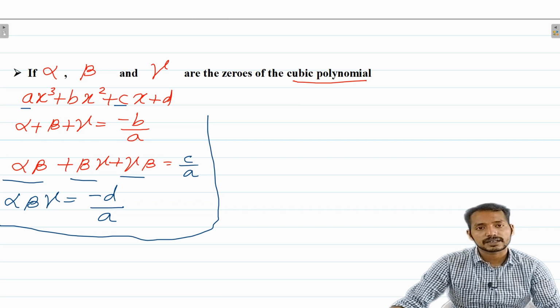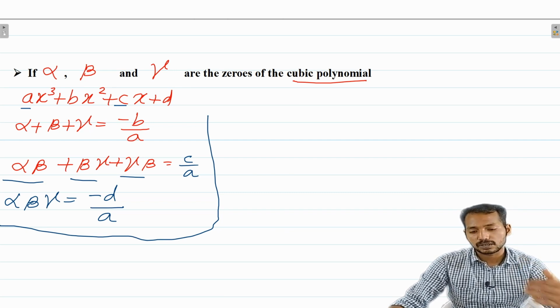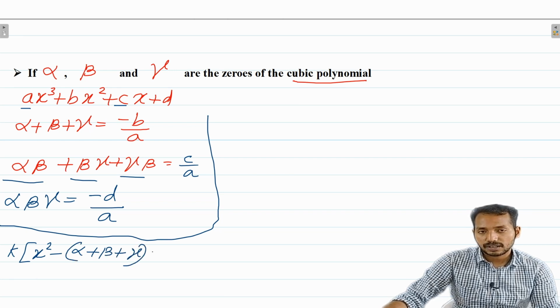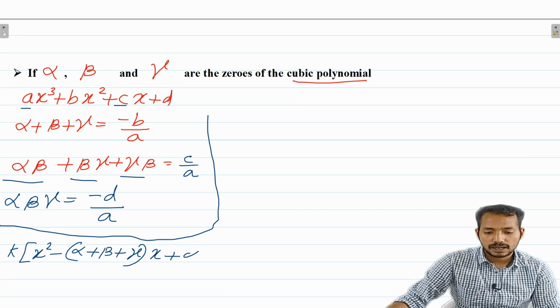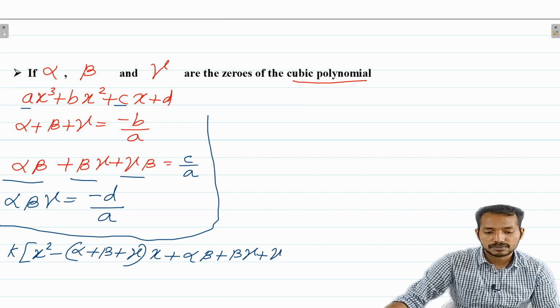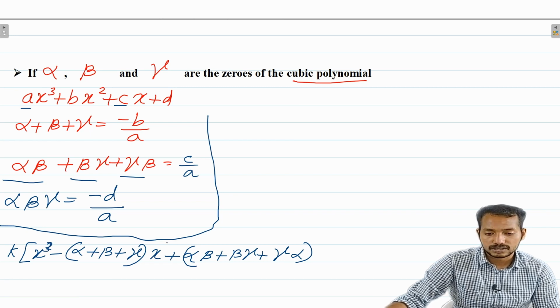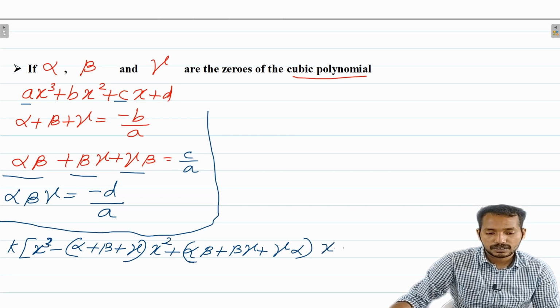On the basis of this, we can write the general form of the cubic polynomial in terms of zeros, that is k into x cube minus alpha plus beta plus gamma into x square plus alpha beta plus beta gamma plus gamma alpha into x minus alpha beta into gamma.